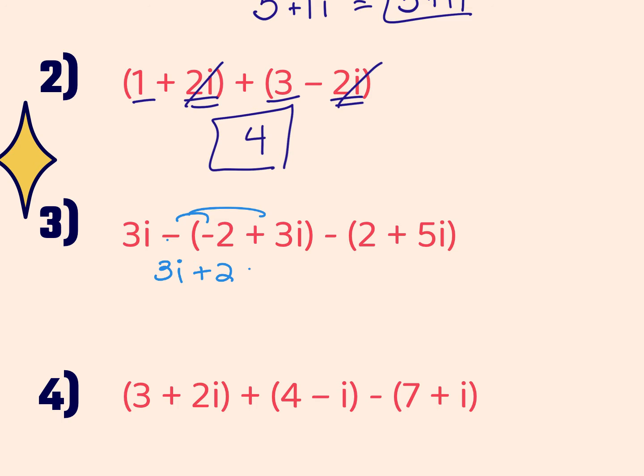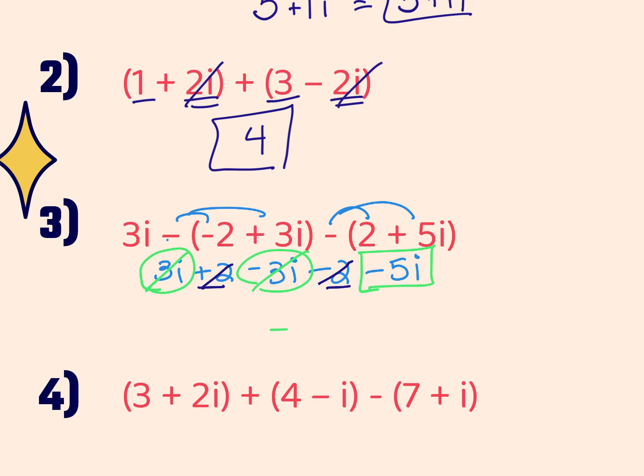Negative times a 3i would be minus 3i. And then this negative also gets distributed, minus 2 minus 5i. Now we combine our like terms. I'm going to put all the real ones first. Positive 2 and -2 are actually going to cancel out. And then positive 3i, negative 3i cancels out. The only thing left is negative 5i.